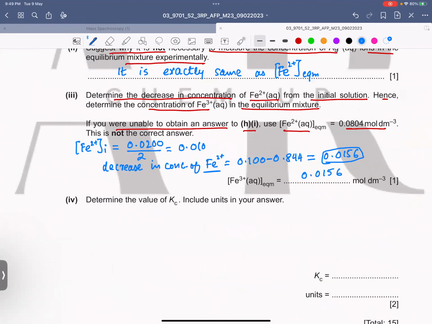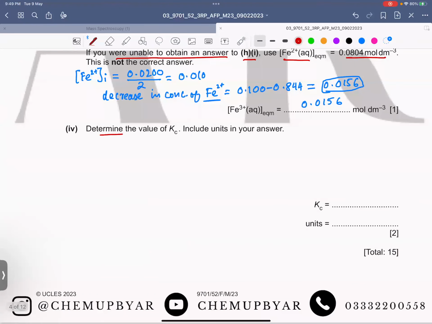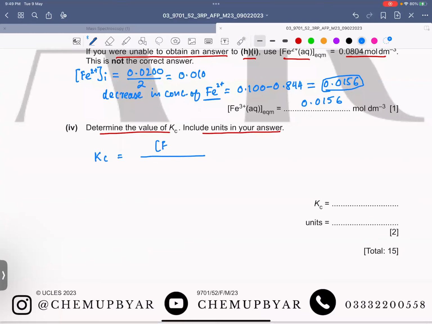Is this clear to everyone? Yes, sir. Now, what they are asking is: determine the value of Kc, include units and state symbol. So Kc is equal to the concentration of iron 3 positive ions divided by the concentration of iron 2 positive ions times the concentration of silver ions.